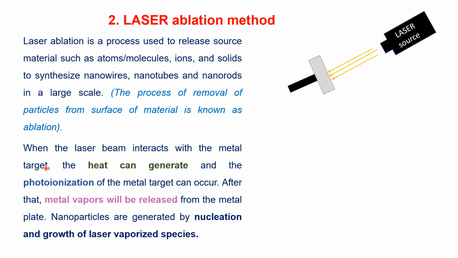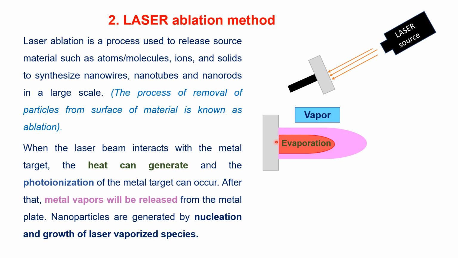When the laser beam interacts with the metal target, heat will be generated. The first step will be the vaporization or vapor formation from the target particles. Second is the cluster formation. Those are very small particles at the atomic level, which will undergo self-assembly and produce a cluster.